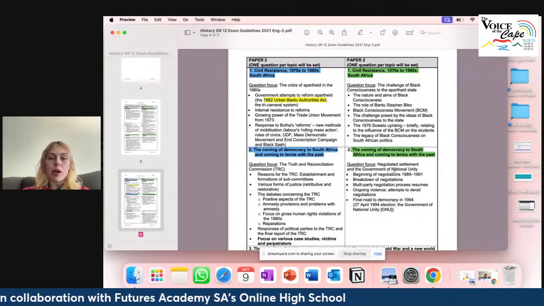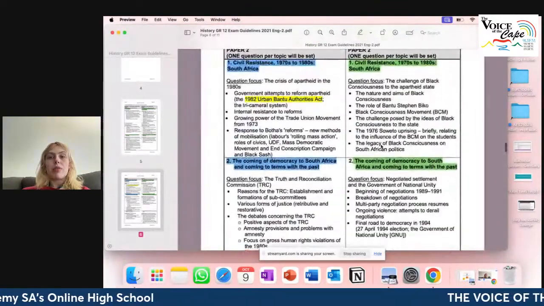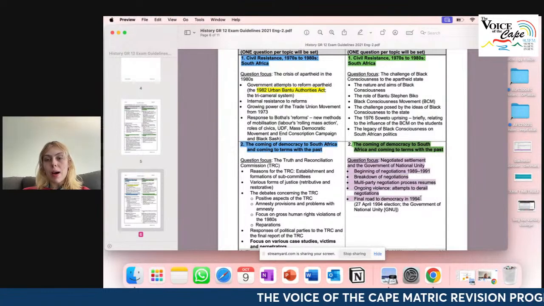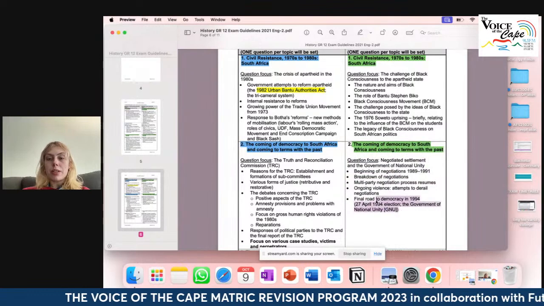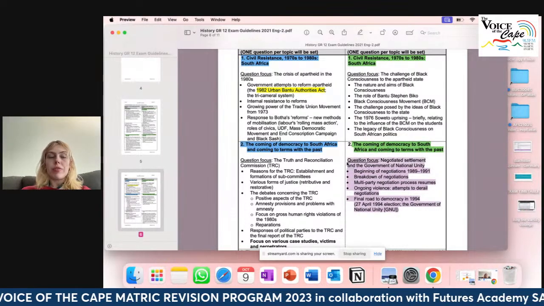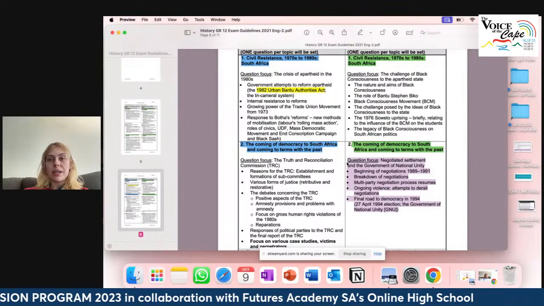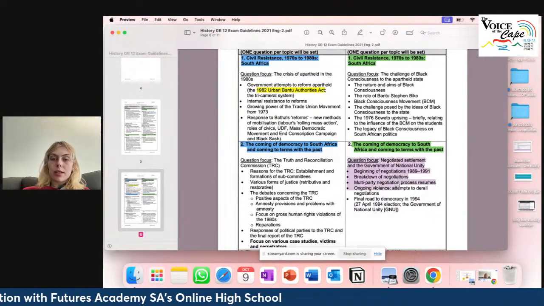put together for yourself. However, what I do want to point out is, in terms of your essay question, this coming of democracy to South Africa and coming to terms with the past, this is a very technical essay question, because how the content is structured is there's a lot of negotiation forums, specific acts of violence, specific policies, and it's quite technical.